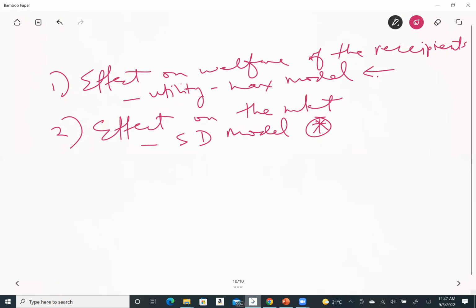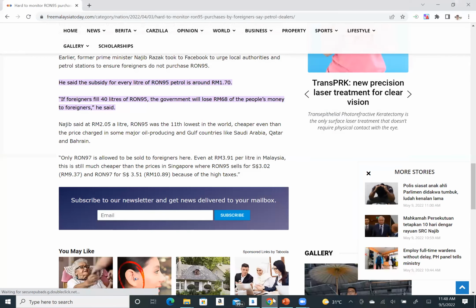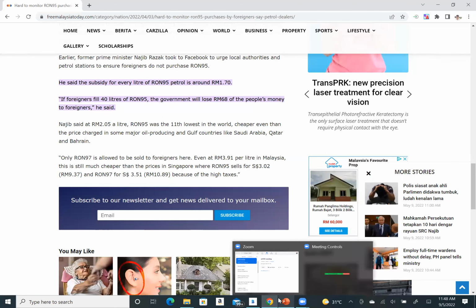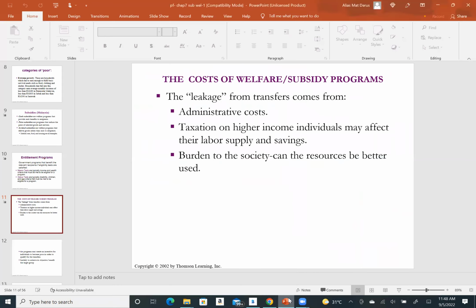So cost number one is the taxpayers. We are going to pay. Now, the second cost is more of the indirect cost. These are called the leakage.